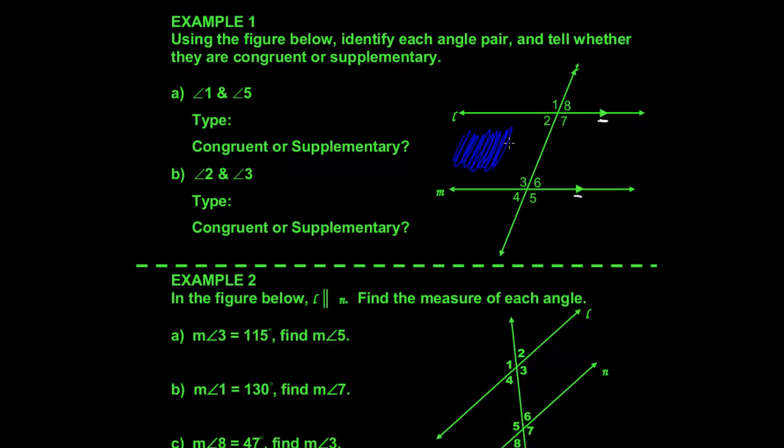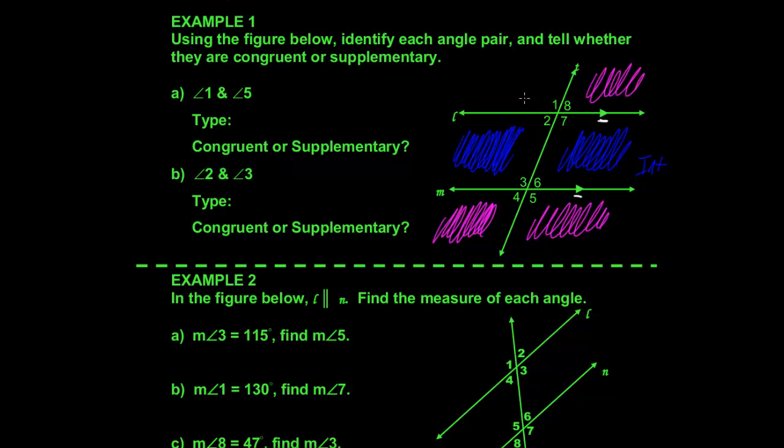For the sake of some visible help, this is my interior. And these will be my exterior. We have our two lines that are cut by the transversal. The two lines will be what you're looking to sandwich in between. Whatever is sandwiched between these two lines will be our interior. Everything else is an exterior.